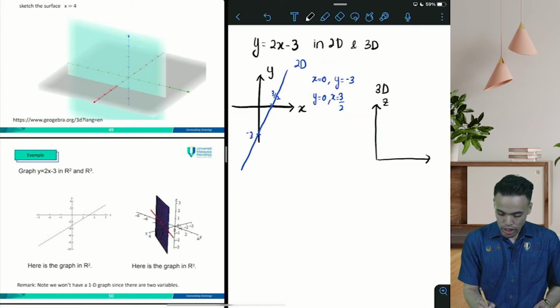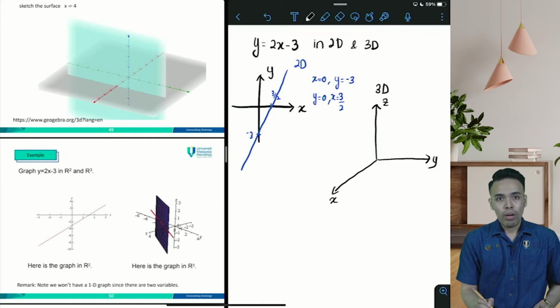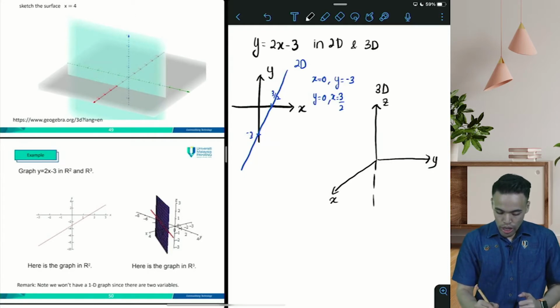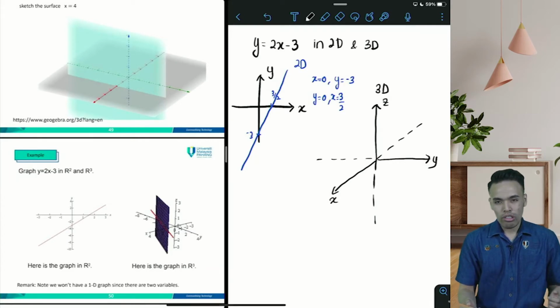Don't forget that. But if you do a lot of exercises, by right you will know by heart that when you have this particular equation, it will give you this type of surface in a three-dimensional coordinate system. You don't have to sketch it in 2D and then followed by 3D, because if you do a lot of exercises, as mentioned earlier, you should be able to sketch 3D surfaces all the way.